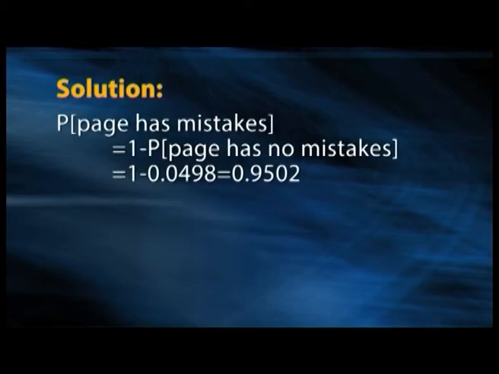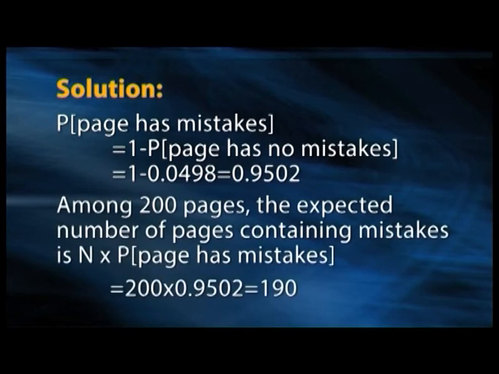Probability that a page has mistake is equal to 1 minus probability that a page has no mistakes is equal to 1 minus 0.0498 is equal to 0.9502. Therefore, among 200 pages, the expected number of pages containing mistakes is n into probability that a page has mistakes is equal to 200 into 0.9502 is equal to 190.